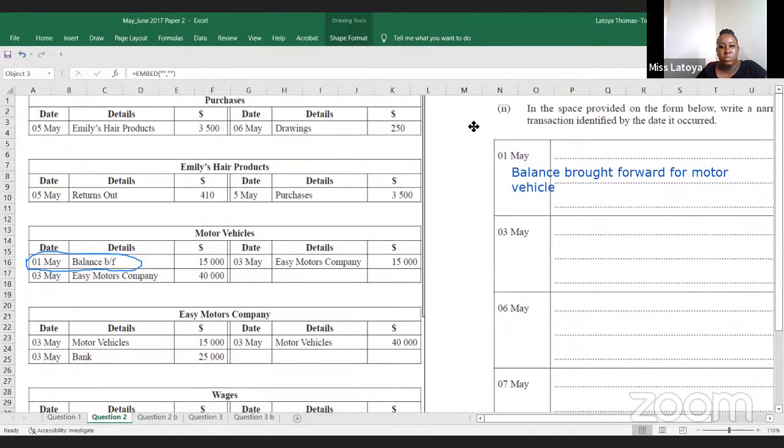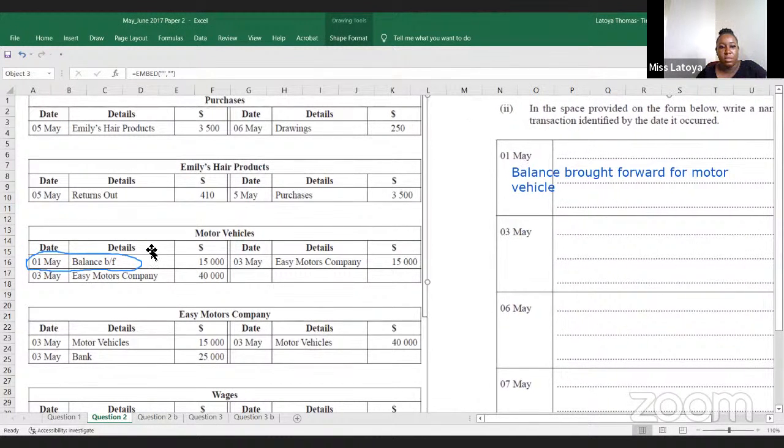Okay, Easy Motors, right, good. So we have that debit entry of 25 on the 3rd.